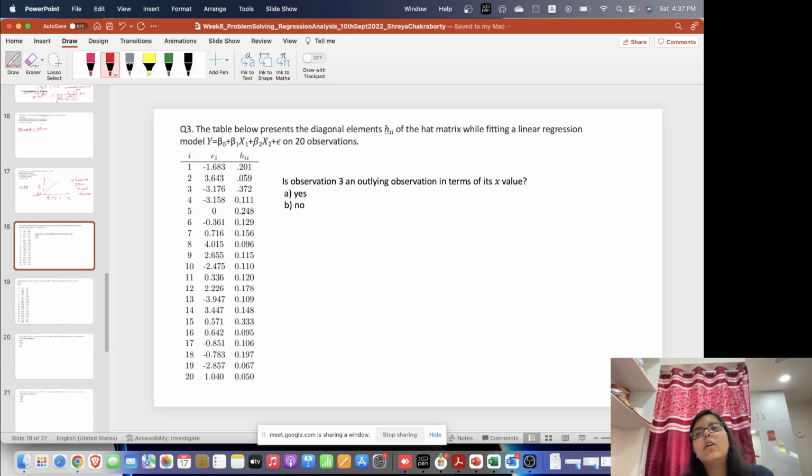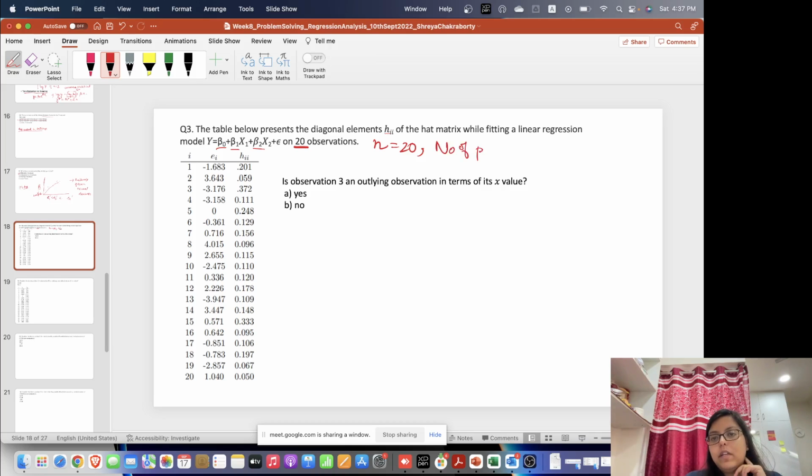Here we have been given a table where each of the diagonal elements of the hat matrix, while fitting this model with three unknown parameters beta naught, beta 1, beta 2, has been given, and there are 20 observations. So the sample size here is 20.